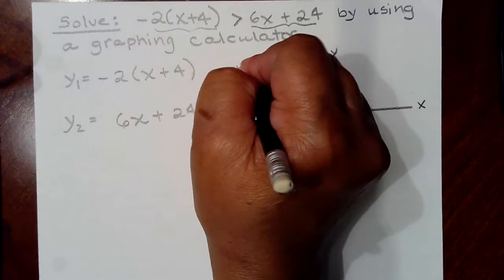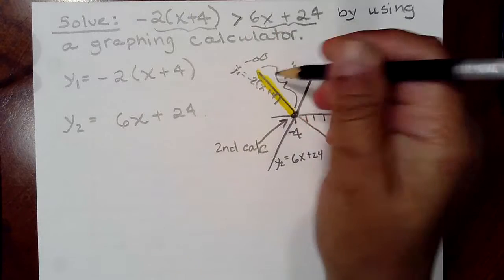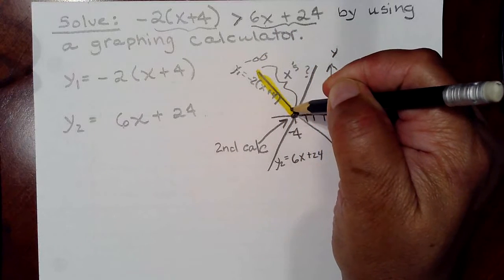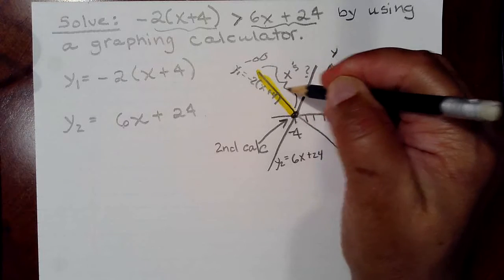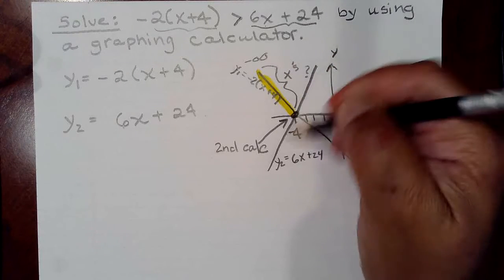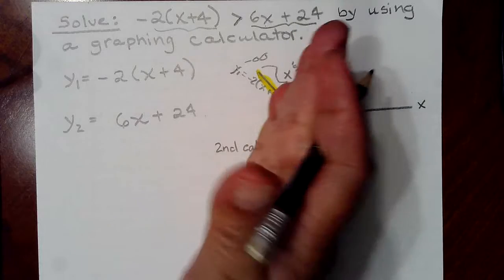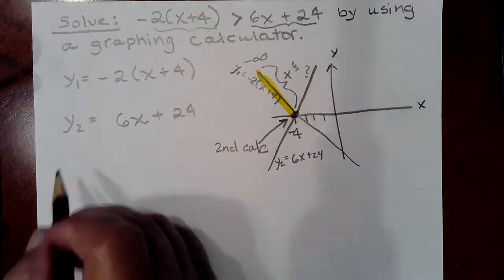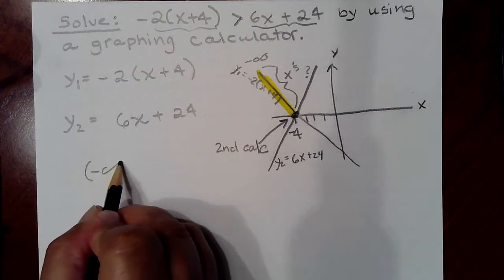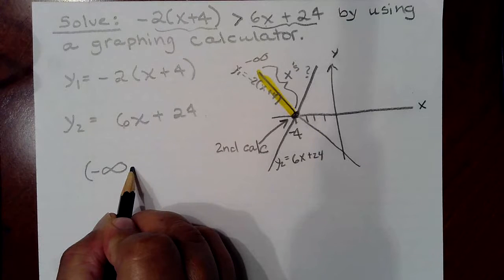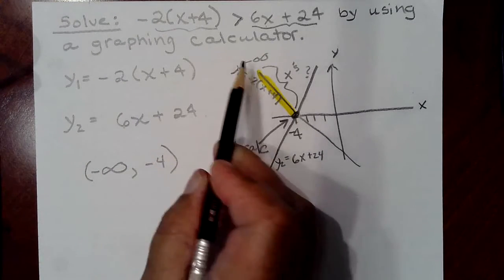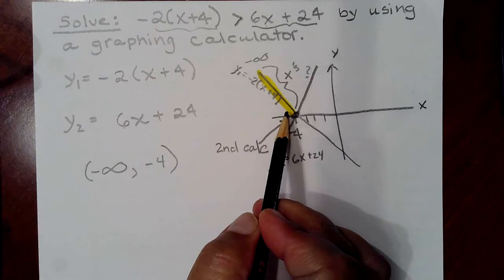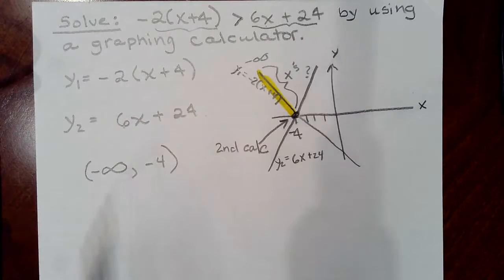So we say that this climbs to negative infinity and then goes to a point where the x value is -4, and that's the end of this portion that is above the other line. This is below, this is above. So your answer is negative infinity all the way to -4. And that part of the graph is all that satisfies being above the other line.